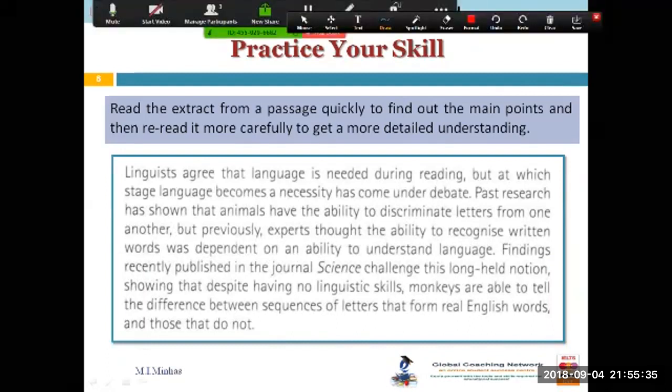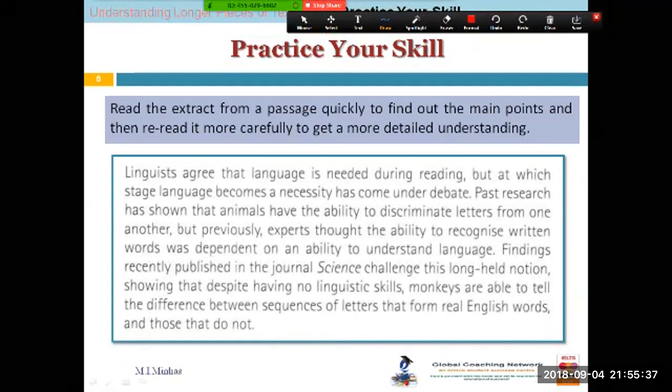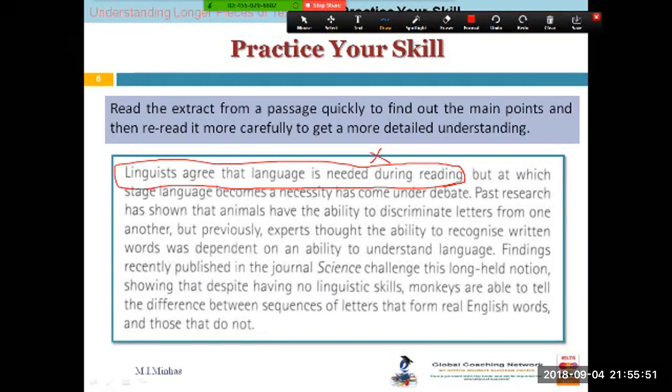Linguists agree that language is needed during reading. This is the point of agreement, that is for sure, so this cannot be our answer. We have to find on which point linguists disagree. And that is: but at which stage language becomes a necessity has come under debate.